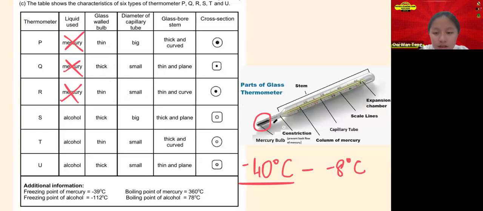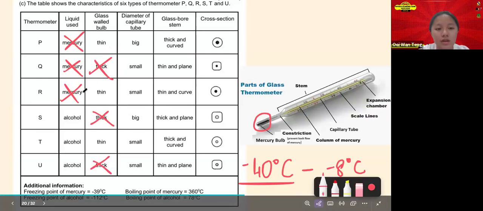If it is thin, it means that it responds faster to temperature changes and provides an accurate reading for us. So it is better for us to choose a thin glass wall bulb. So you can cross out the thick one.